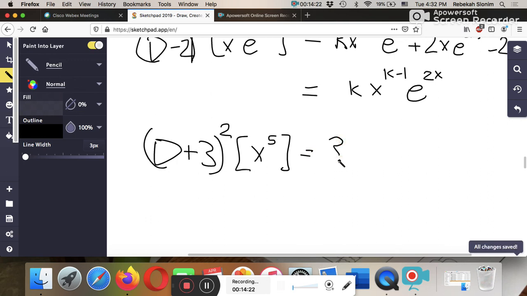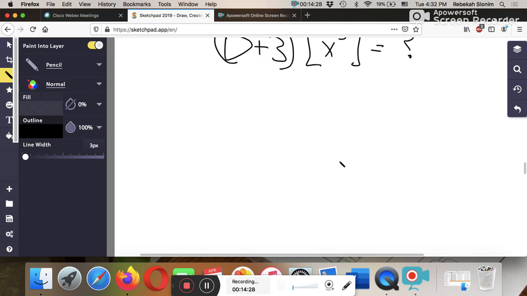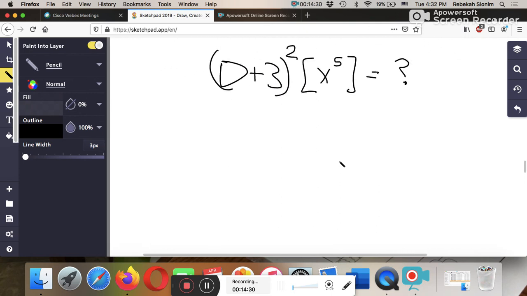Well, there are 2 possibilities maybe for what it could mean. So let's think about what it might mean. So it could mean D plus 3. Remember, this is an operator, so D isn't a variable or anything like that. It's not like I'm multiplying a variable by x to the fifth. I'm applying some operator to x to the fifth.